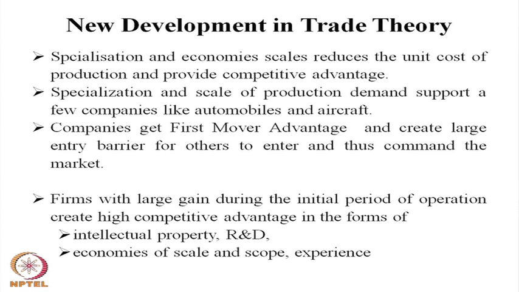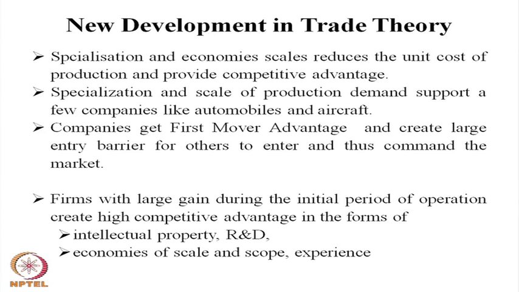When a first mover company becomes an innovative company, it creates excessive trade entry barriers. So other countries or other companies cannot enter, and they create a comparative advantage and command the market.